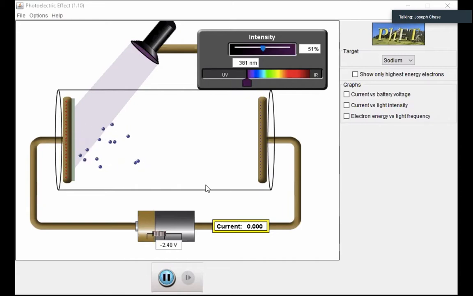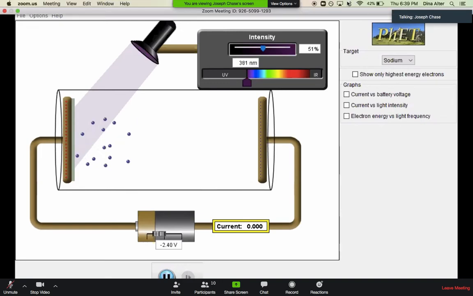So we're about 40 minutes in. And I think what I'd like to do is just do a couple of examples with you really quick. So I'm writing down 381 nanometers.